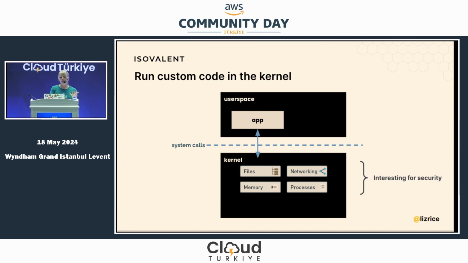And all of these things are interesting for security reasons. When we want to figure out whether something is malicious or not, it's usually going to be involving one of these kinds of operations. So being able to instrument our kernel and instrument these kinds of operations can be really interesting from a security perspective.